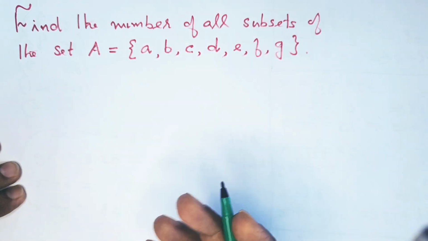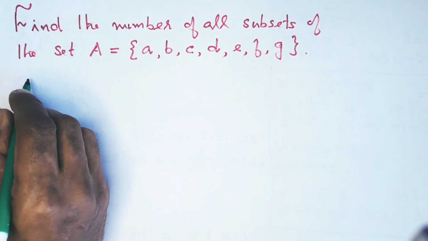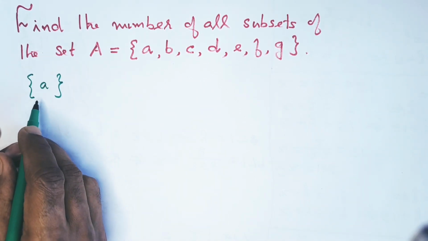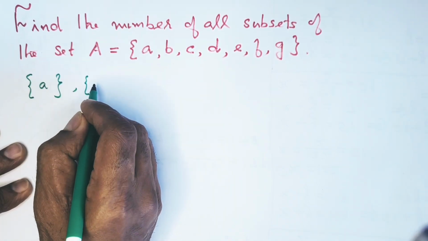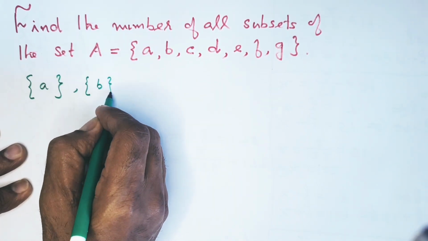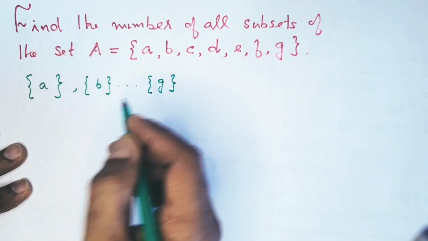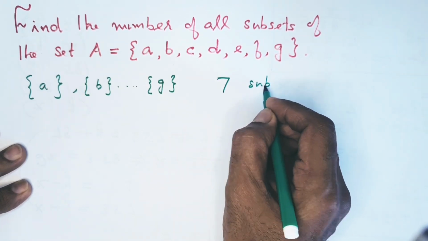Let's begin with subsets containing just one element. For example, if I write a set like this with just one element, that is certainly a subset of this. Now, if you take another one, B, that will be another subset. Like that, how many subsets can you form? 7 subsets.